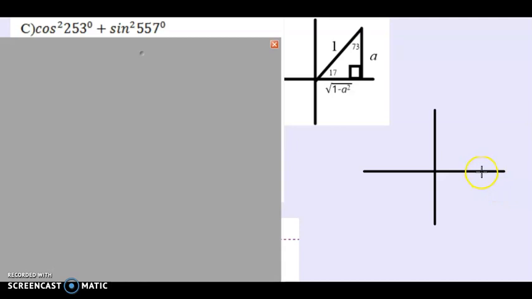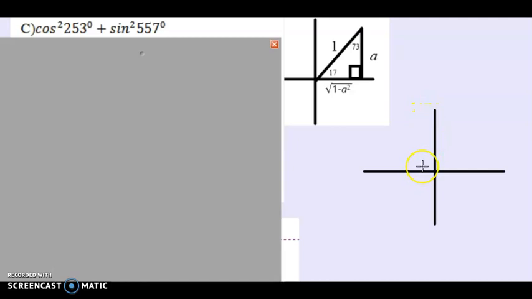If the angle is 455 degrees, I will say 455 minus 360 degrees, and I will get an angle of 95 degrees. That means the second quadrant.